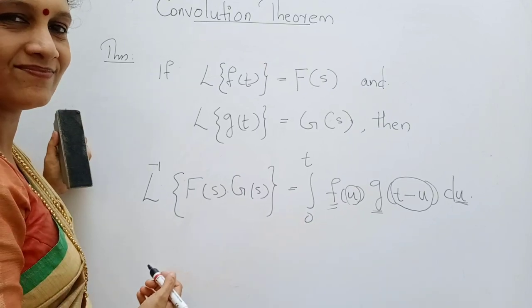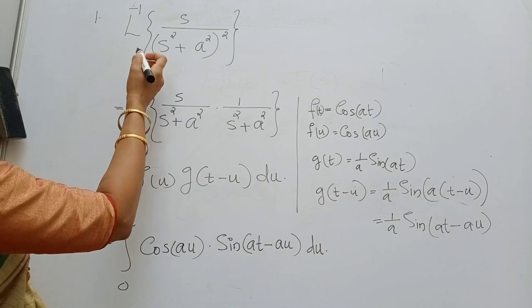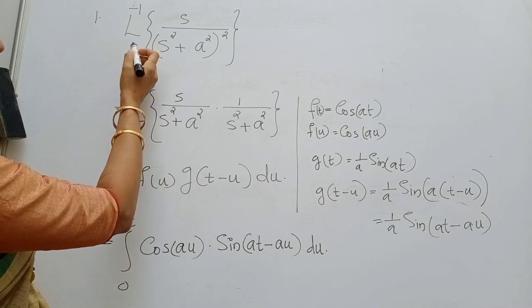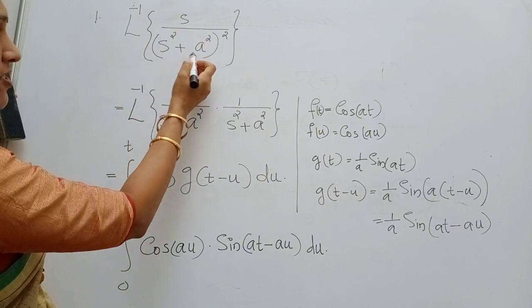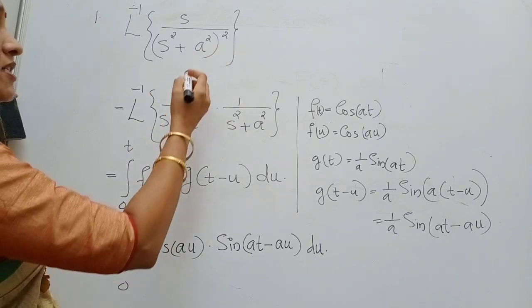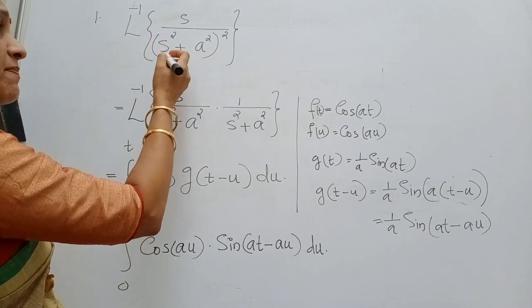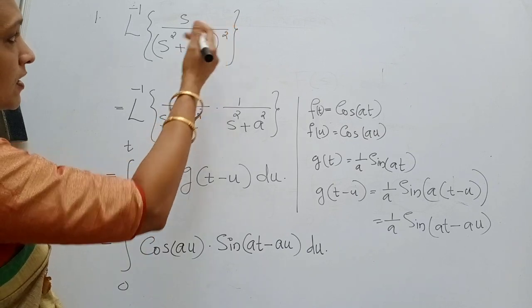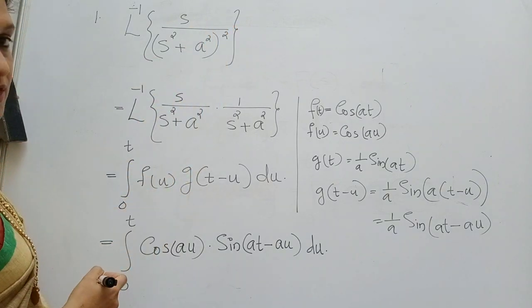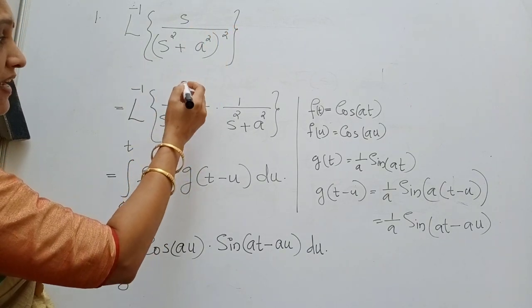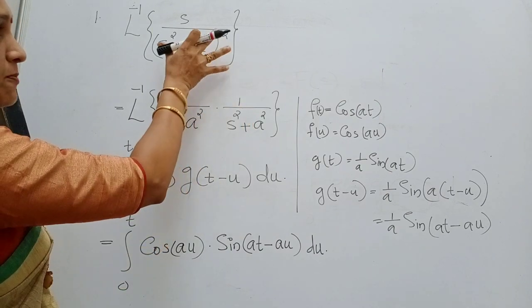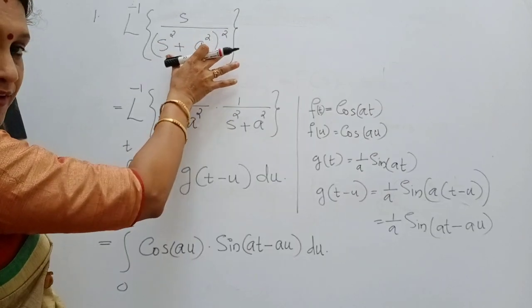Okay. So look at the first example. Evaluate L inverse of s divided by s square plus a square the whole square. We have to find the inverse Laplace transform by the new theorem called convolution theorem. In convolution, we need two functions, so we should express this as product of two functions.